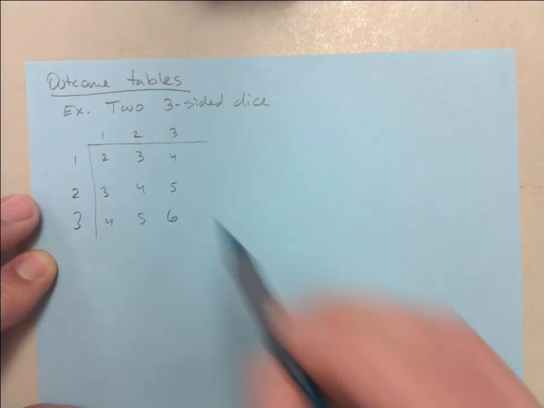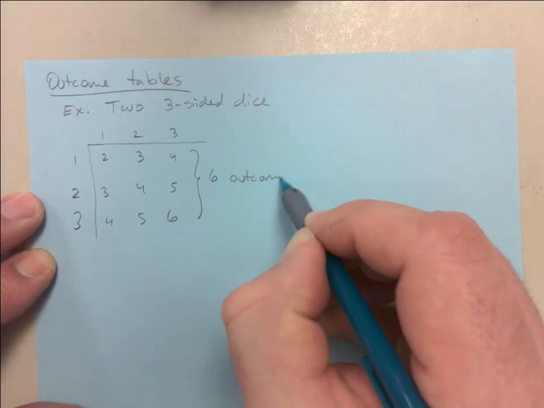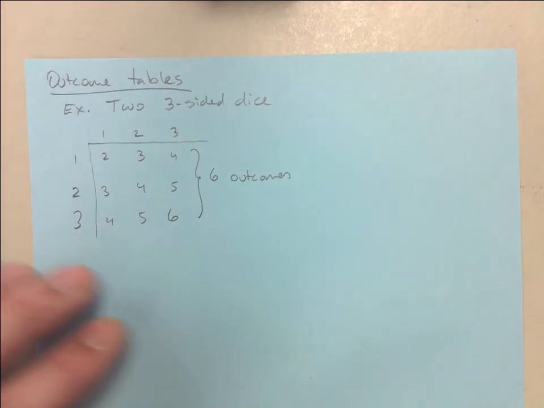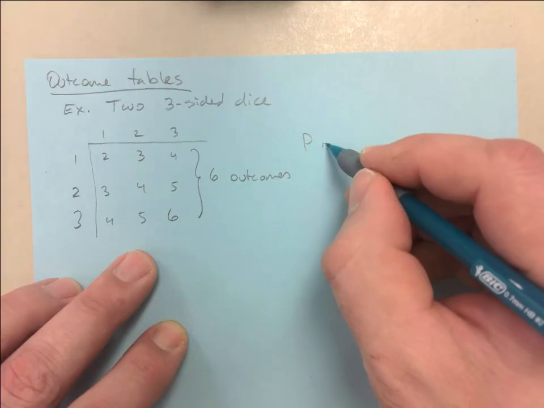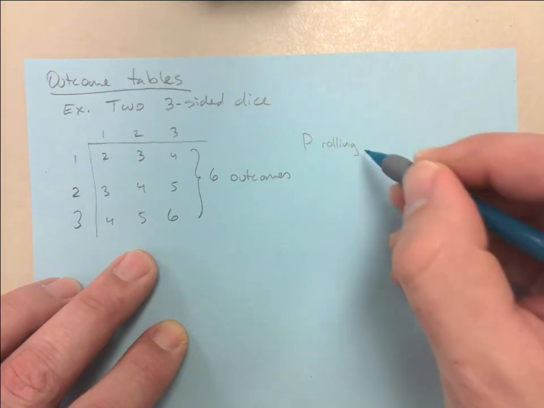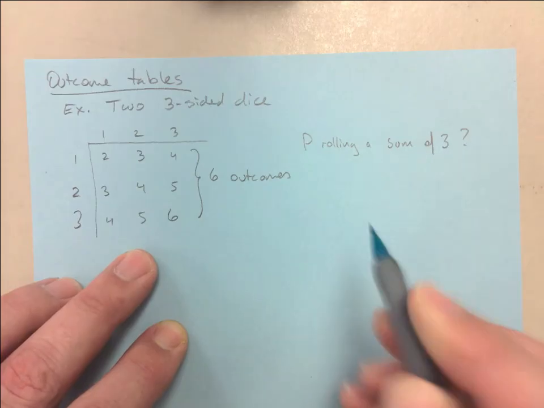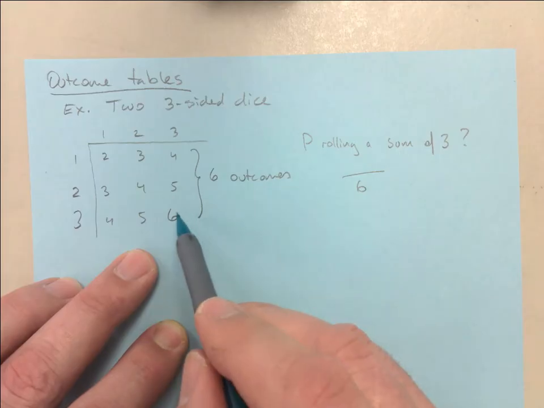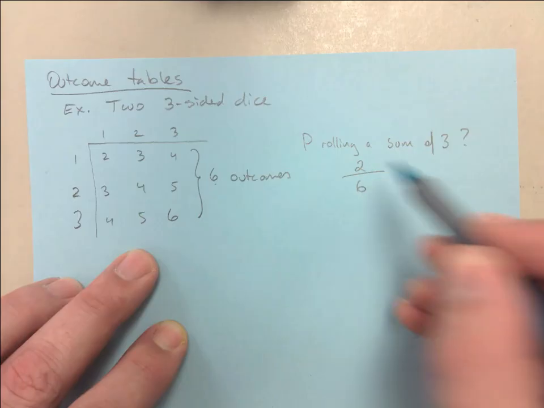There are 6 outcomes. Probability of rolling a sum of 3, let's say. Guess what? Every single question is going to be out of 6. And there's only 2 outcomes that meet that criteria.